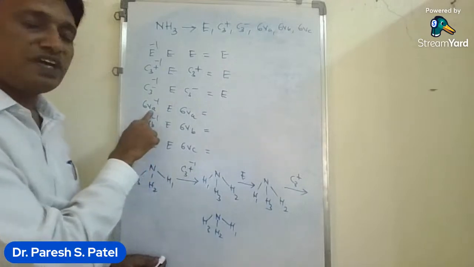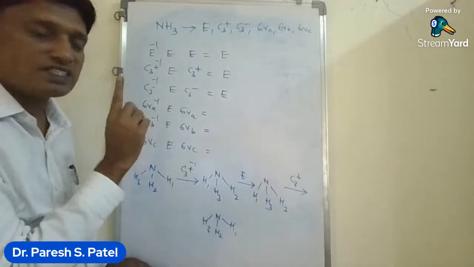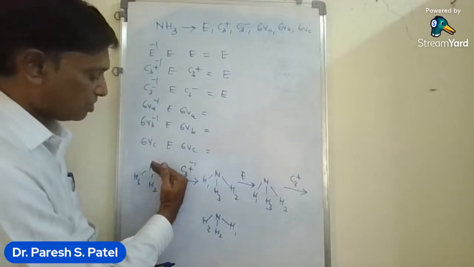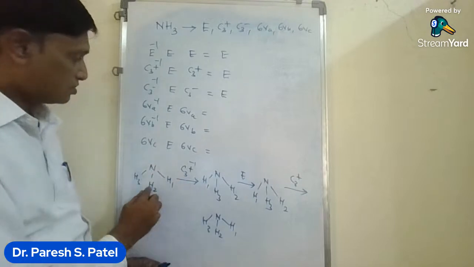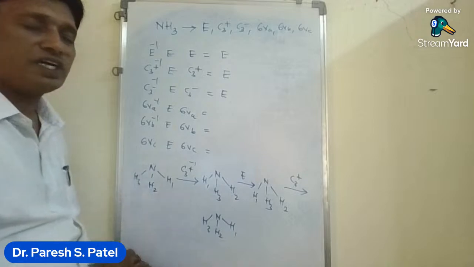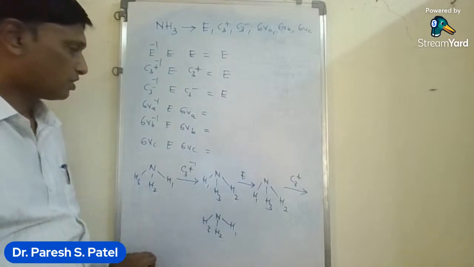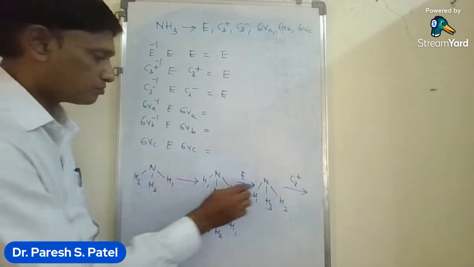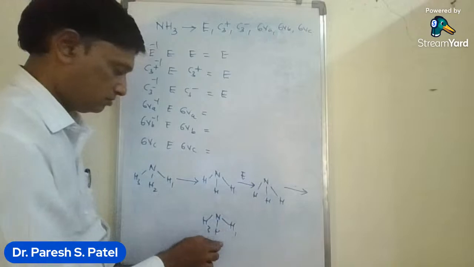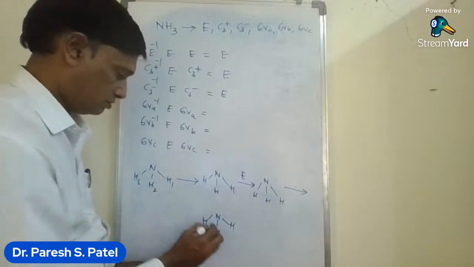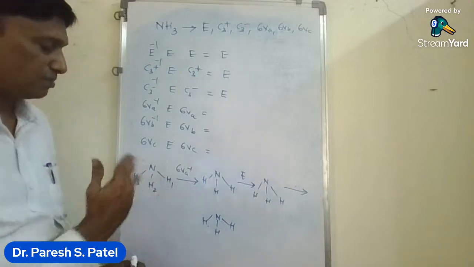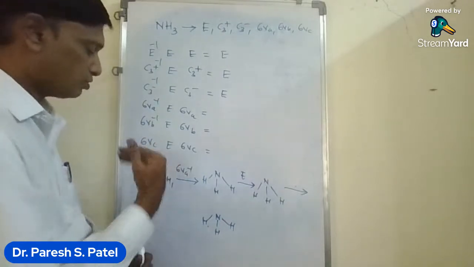Now sigma Va inverse is equal to sigma Va. Why sigma Va? If we put a mirror over here, sigma H on H1, so there is a change in the position of hydrogen 2 and hydrogen 3. Okay, so if we go for the sigma Va inverse, it means we have to put a mirror over here on the hydrogen.